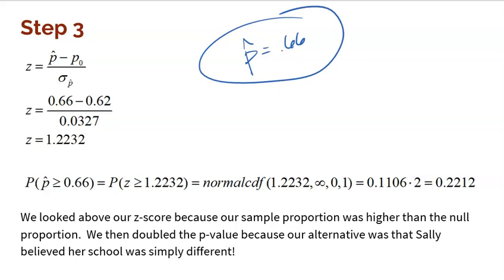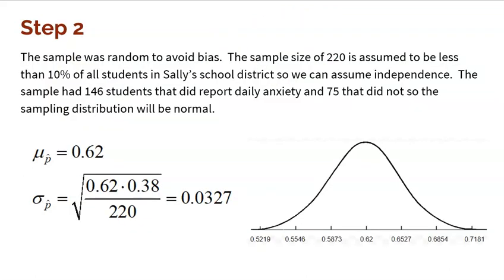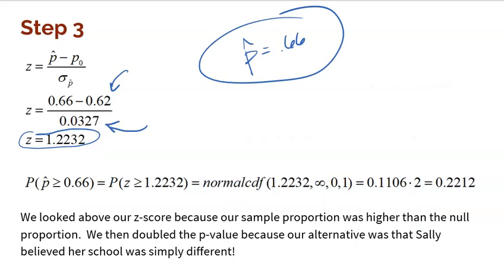So the z-score for that proportion is 0.66 minus the assumed truth divided by the standard deviation, and her z-score was 1.2232. So if you look at the picture here, 0.66 falls just a little bit above the mean. Really doesn't seem to be that high at all.